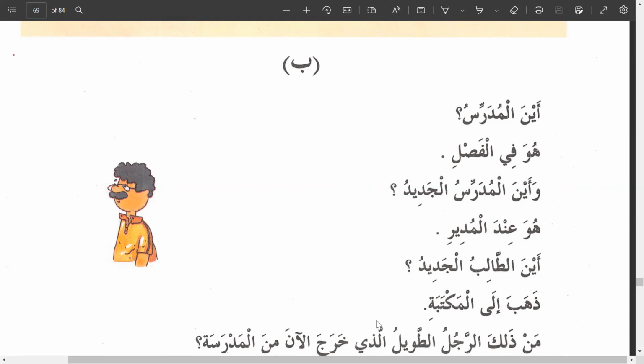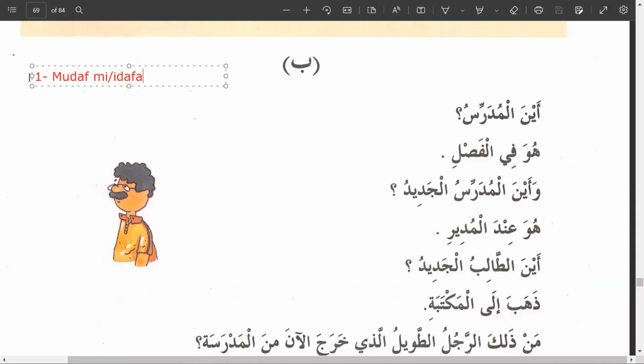How many fragments have we already learned? We learned about mudaf mudafun ilayhi, which is idafa. Another combination that we learned is mawsuf sifa.